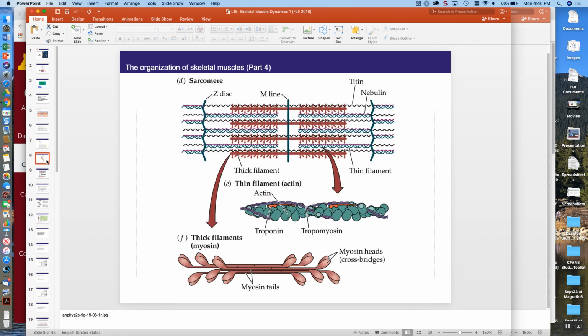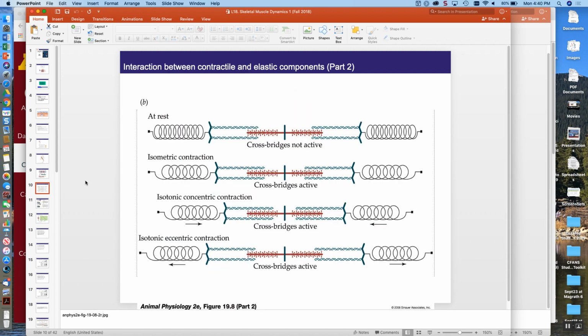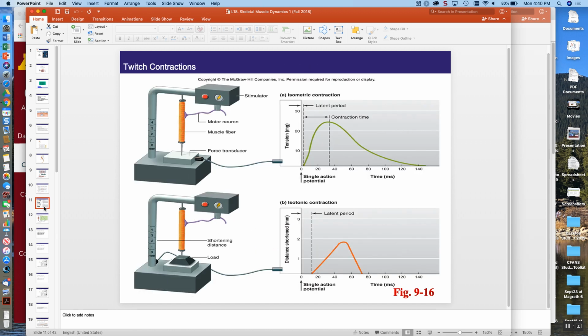All right, there are different types of isotonic contractions. If you're shortening the muscle, that is an isotonic concentric contraction. If you're actually lengthening the muscle, it's an eccentric contraction. The first three relationships, intensity-force, frequency-force, and length-tension, all pertain to isometric contractions.